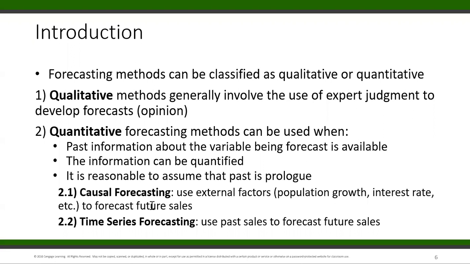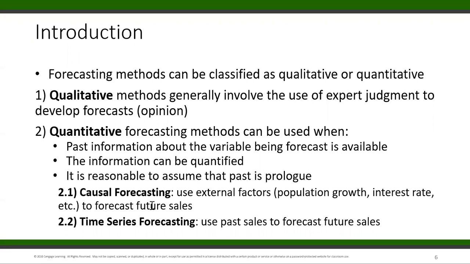So for example, if you want to predict sales, you may believe that interest rate, or population growth of the specific location you're predicting for, or house price, or anything else can affect your sales.